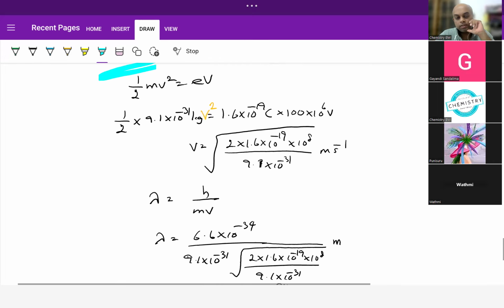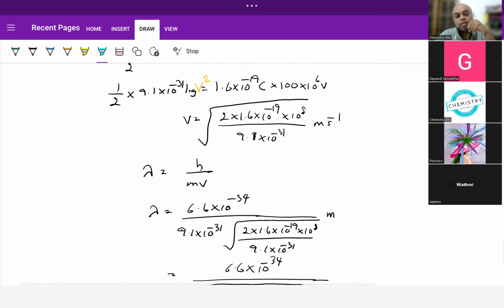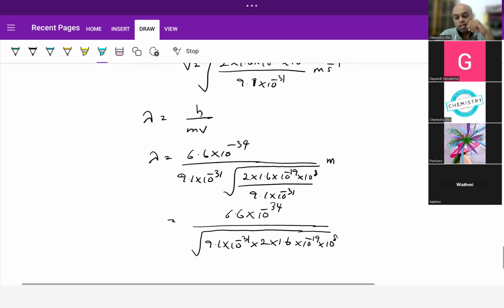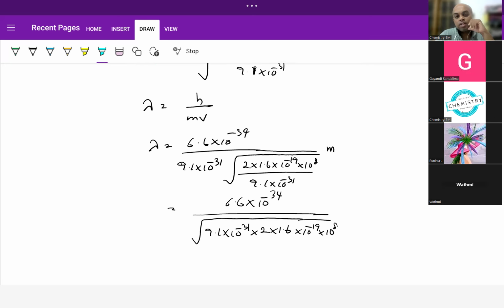The equation you are saying is lambda is equal to h divided by root 2qVm. If you check, this is the same thing that we have taken as well: 2 is here, m is here, q is here and V is also here.